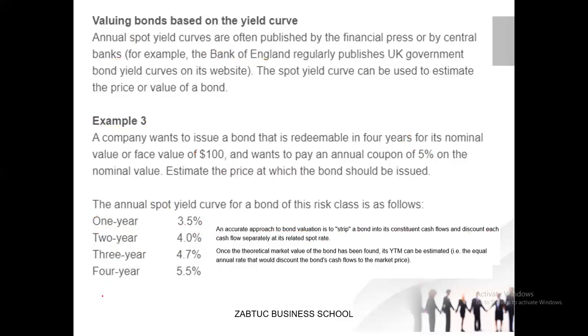The annual spot yield curve for a bond of this risk class: these figures have been processed for you. Based on its risk, these are the figures. They're now specific to a company with a particular risk profile.